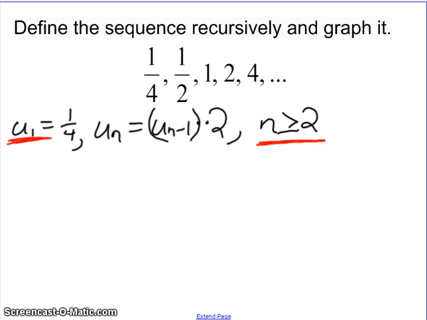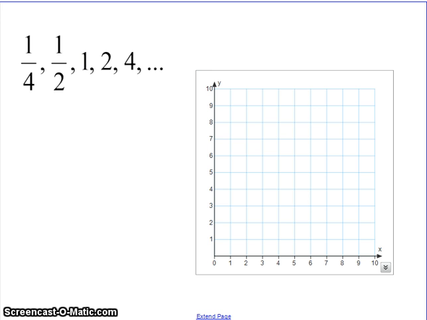All right, here I have that same exact function, but I put a little graph paper so that we could take a look at what this looks like in a graph. So the first term, this would be in ordered pairs of 1, 2, 3, 4, 5. So the first term has an x coordinate of 1 and a y coordinate of 1/4.